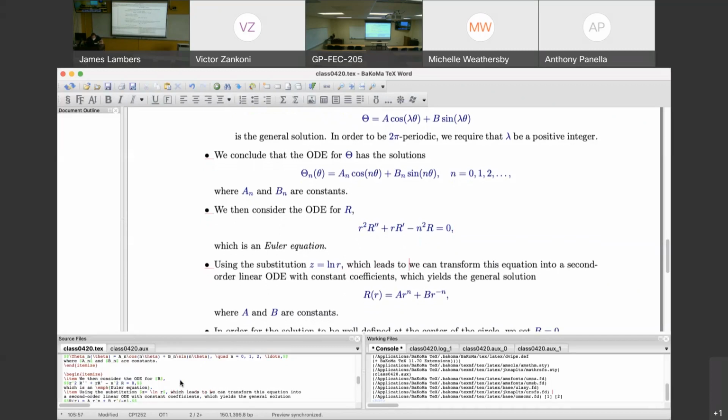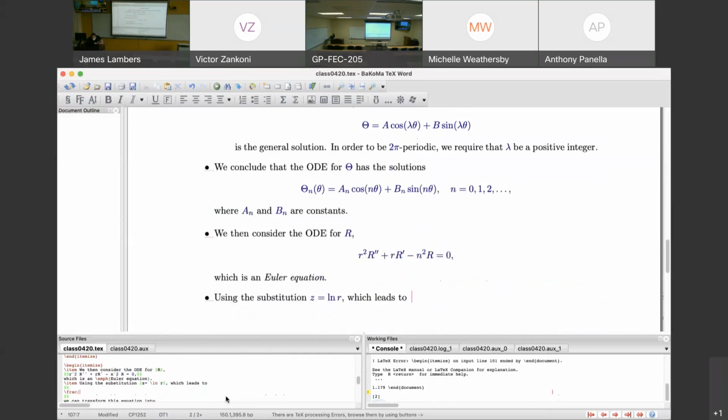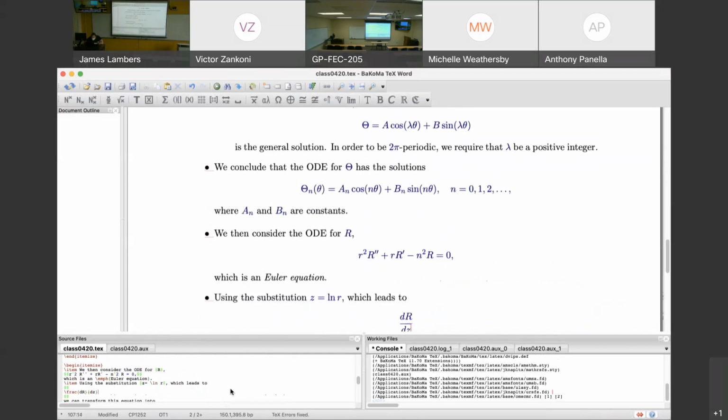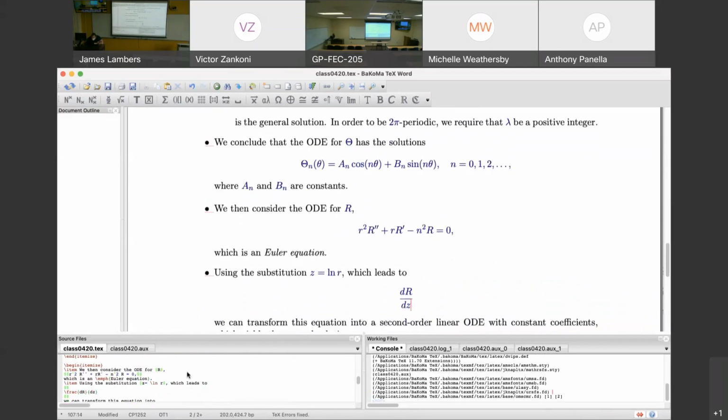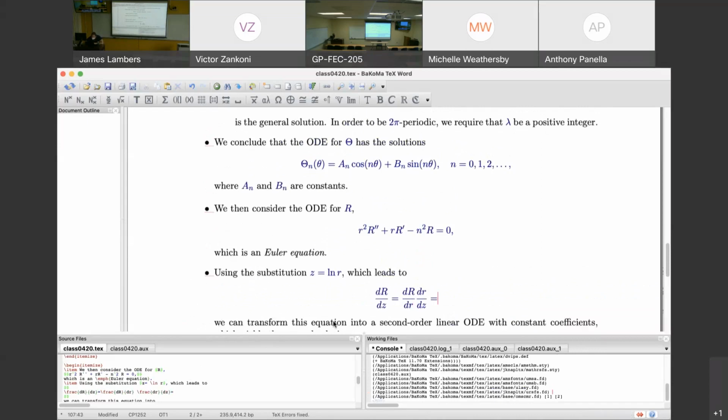do the following. So we're going to take the derivative of capital R with respect to z.